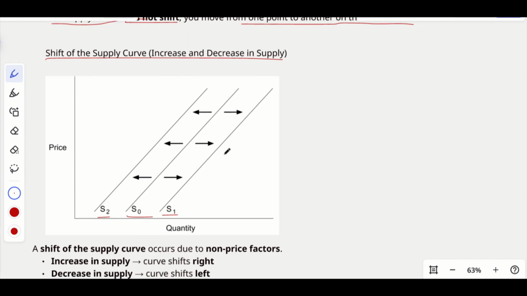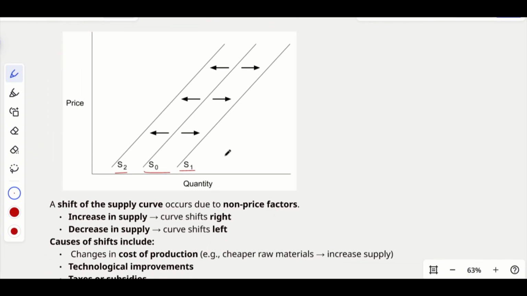Okay. So this shift will be a result of non-price factors. A shift of the supply curve occurs due to non-price factors. So what are the non-price factors? Any idea? What are the non-price factors that shift the supply curve? So there are a lot of factors, right?